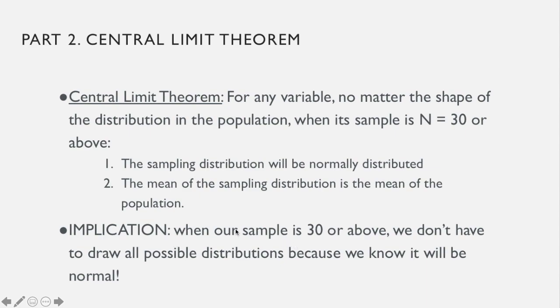So the implication is, when our sample is 30 or above, we don't have to draw all possible distributions because we know it will be normal. Sampling distributions are kind of a theoretical thing. We don't ever really take every single sample in most cases, but theoretically we know that if our sample has 30 or more people, then the sampling distribution will be normal.